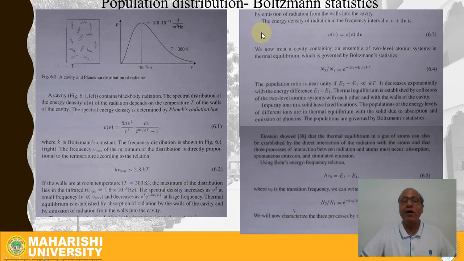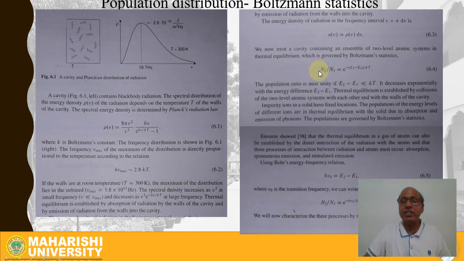So now let us assume that in this cavity we are considering two energy levels. One is identified as energy level 1, and the other is identified as energy level 2. So the population distribution under thermal equilibrium at this temperature will be given by n2 upon n1.